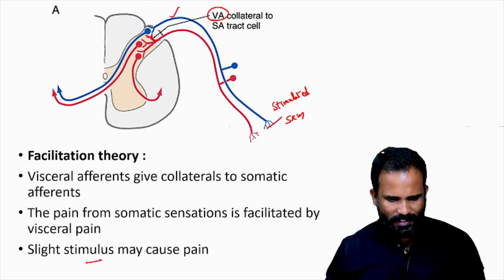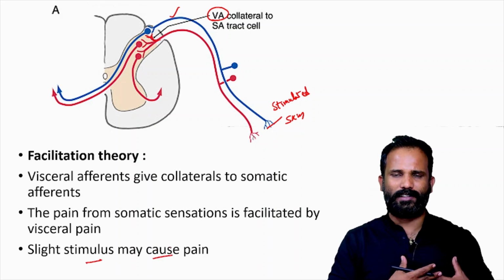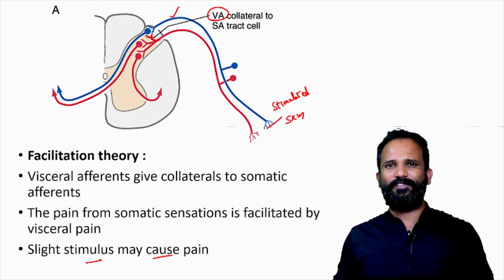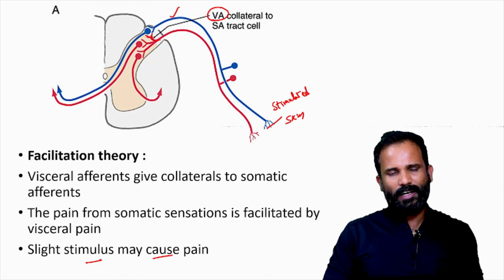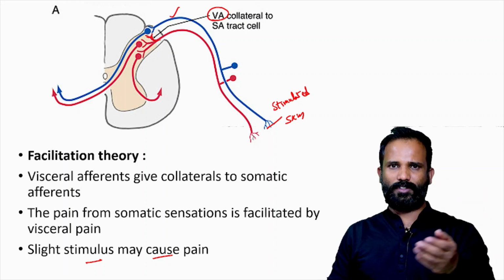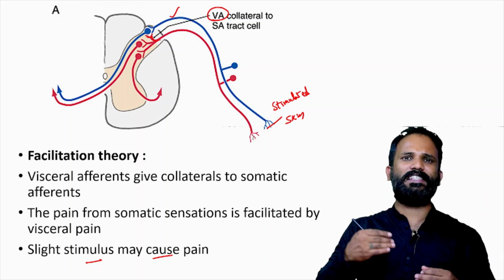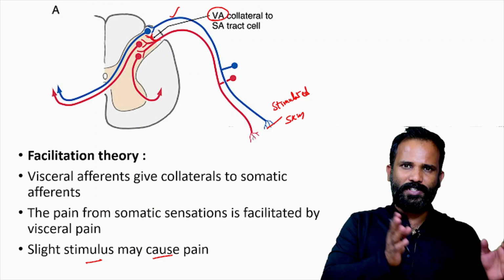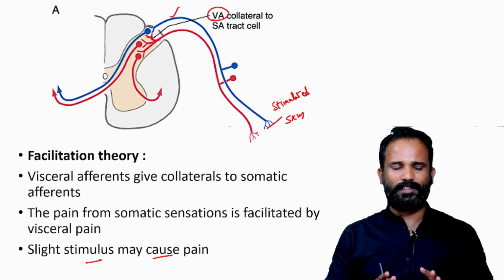A slight stimulus may cause pain in the somatic sensation because the viscera is already injured and it is giving its collaterals to the somatic afferent, and this is facilitating the transmission in the somatic afferent. So that causes the facilitation theory of referred pain.